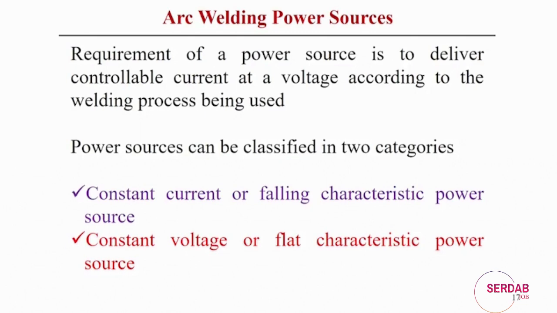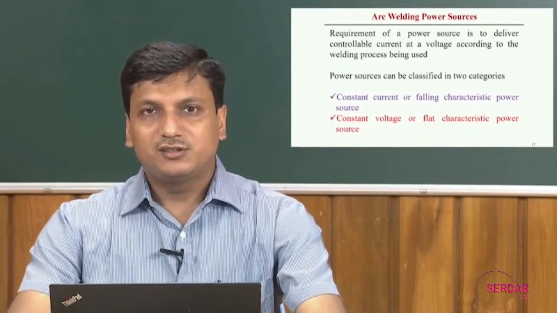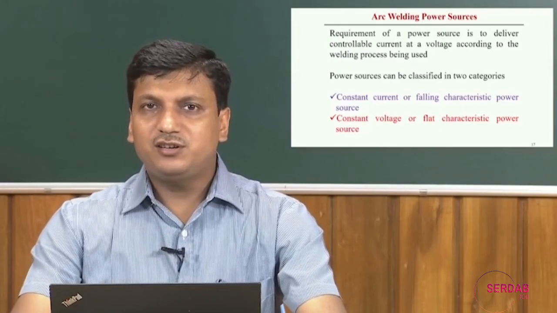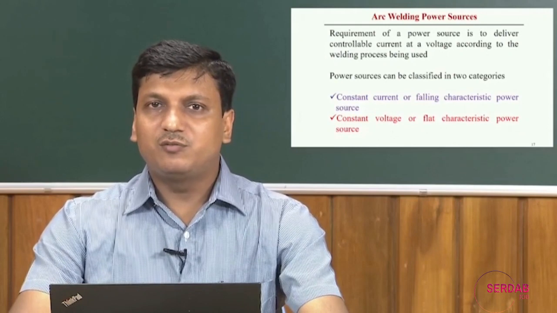So, for these two different types of power source, how the current or voltage can be adjusted during the welding process when we use a consumable electrode or normal electrode, or if there is some change in the arc length, or if there is a presence of any agents or surface oxide layers on the workpiece surface, that tends to cause some variation in either the welding current or voltage.